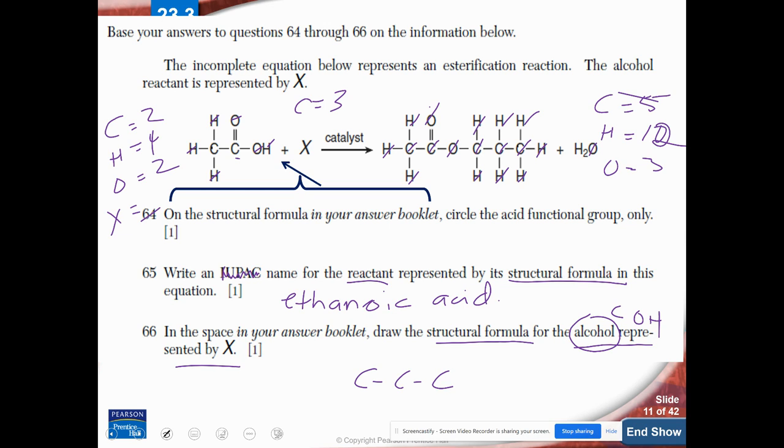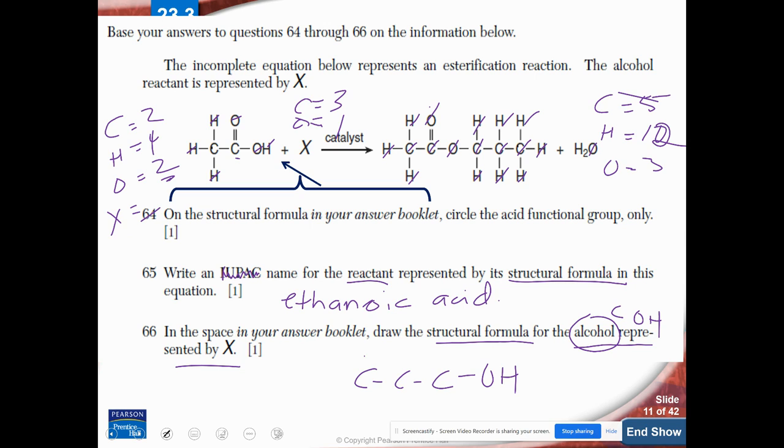And so what else do I have? I have 2 oxygens and I have 3 oxygens. So how many oxygens do I need on this side? I need 1 oxygen. So oxygen is going to equal 1. So I have an oxygen, and I know it's going to be an alcohol, so I'm going to look on table R, and alcohol has an OH.